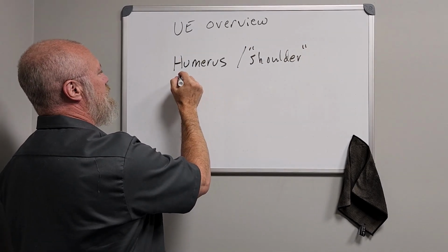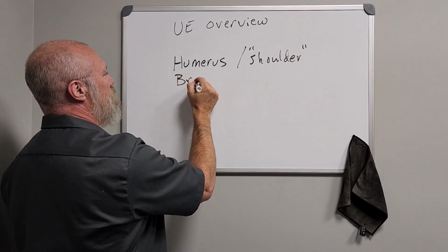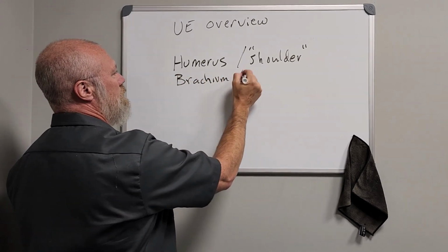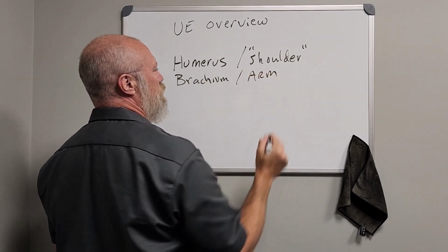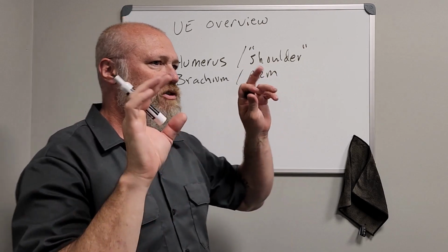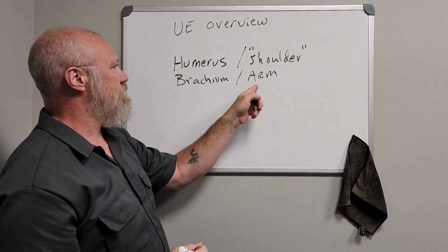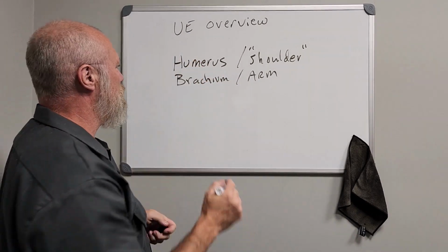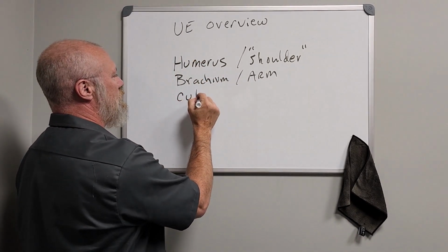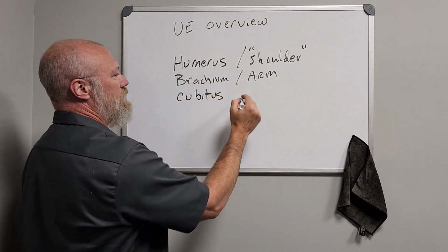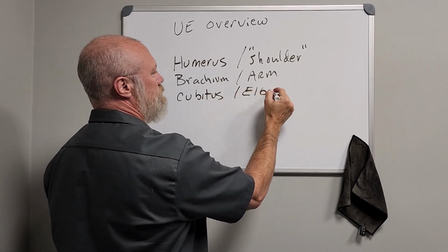Then you have the brachium, which is your arm proper, between the shoulder and the elbow. The one bone here is the humerus. Then you have the cubit or cubitus, which is your elbow.